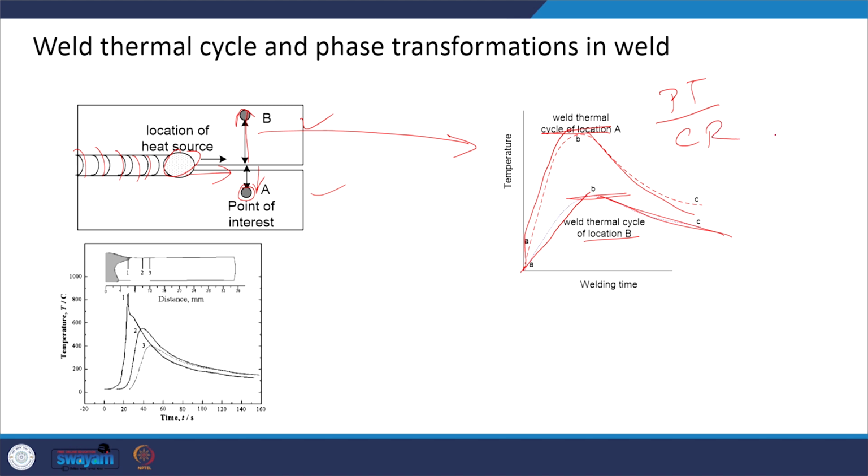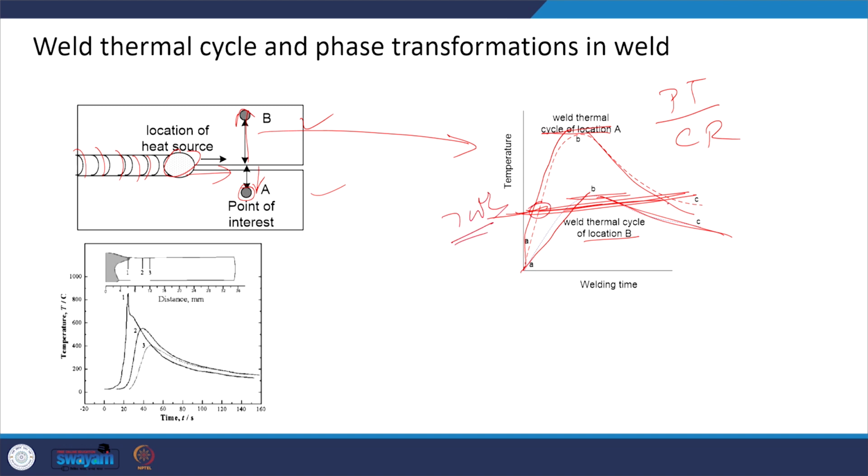Third thing that we can derive is the time for which a particular location remains above a certain critical temperature. For example, if this is the temperature of our interest, then how long a particular point remains above a certain temperature. Okay. So, say this temperature is 700 degrees centigrade.